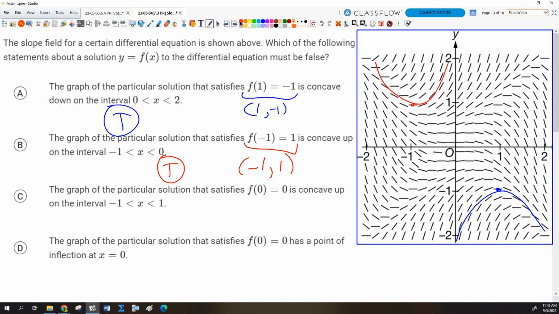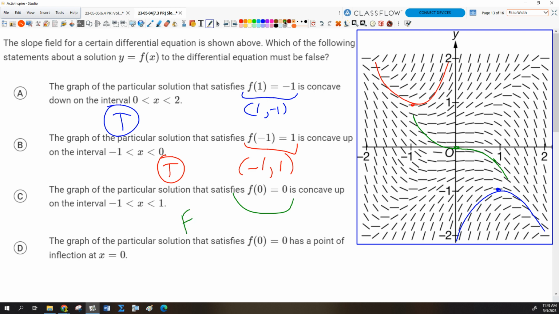The graph of a particular solution that satisfies f of 0 equals 0. There we go. So right there, well, that looks like an inflection point, doesn't it? Okay, look, because it's going like that. So is that concave up on that interval? No, it's not. It's concave up on that part, but it's concave down over there.